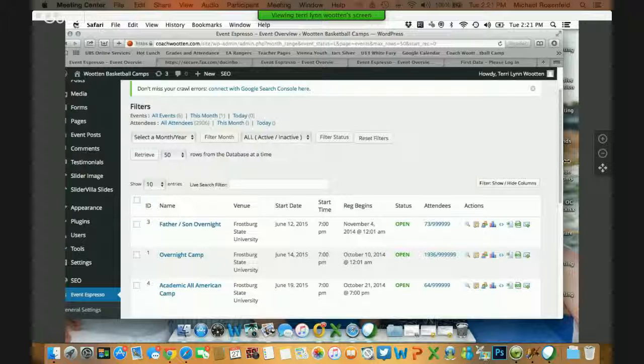And Mike, let me say this: that was because we were told that was the way we had to do it. They didn't have the ability, if you registered for all the camps, to send the right camp money to the right place. So we're fine if it stays separate, unless you can figure out a way easily to have them register for everything and just make sure the money is directed the right way. Am I correct, Terry Lynn?